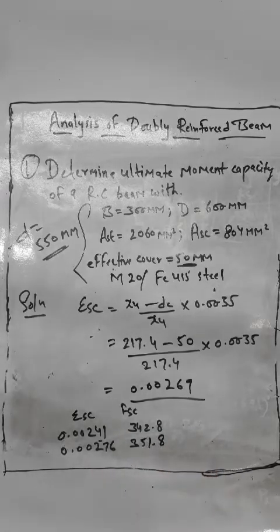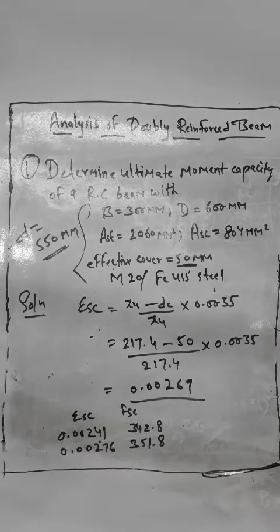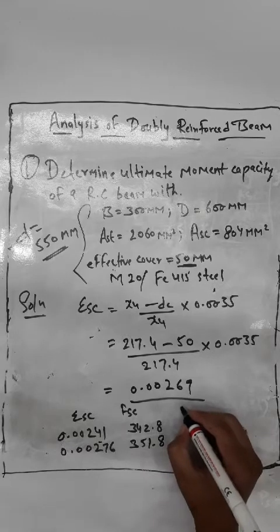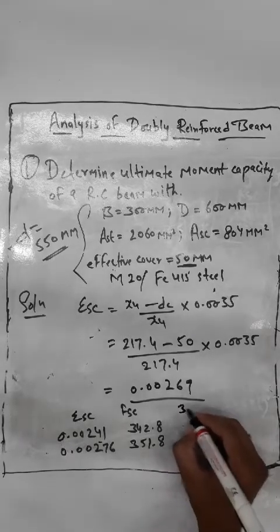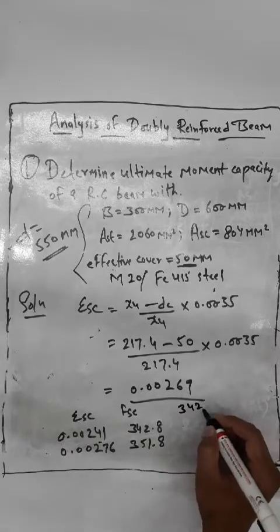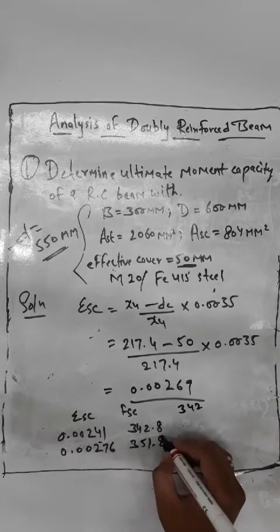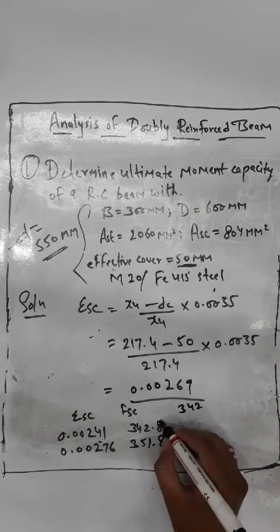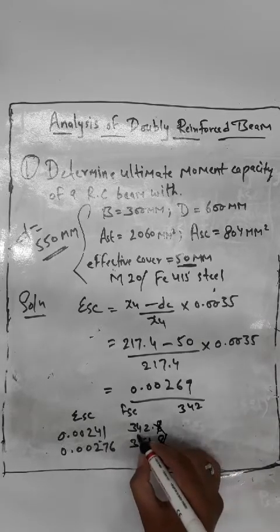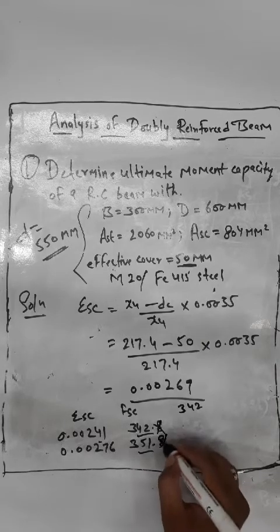So these values we have already discussed in our previous lecture. So with the help of interpolation, we find the fsc value. So here we take interpolation. If you take the exact values and subtract, 8 is common, so we have taken only 342 and 351.